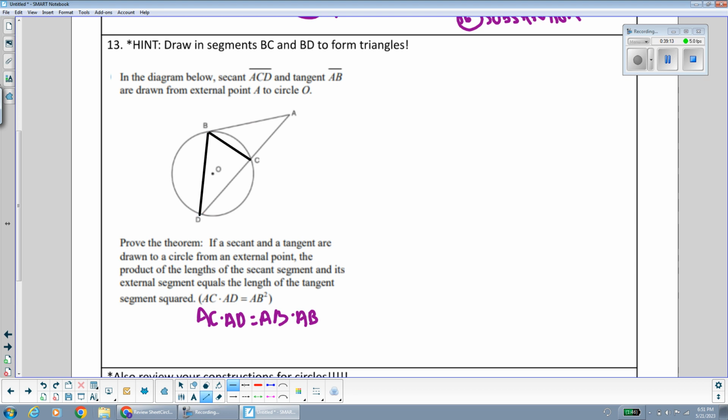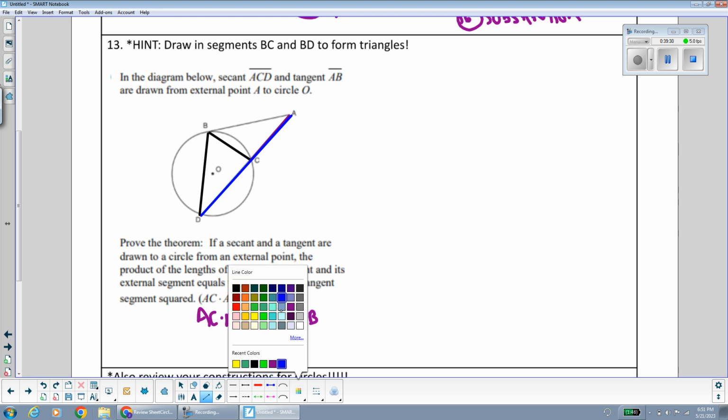Okay, let me use my proof statement to figure out what I'm focusing on. AC, so AC is here. AD is actually from the large triangle. And then AB, there's an AB in this small triangle here.